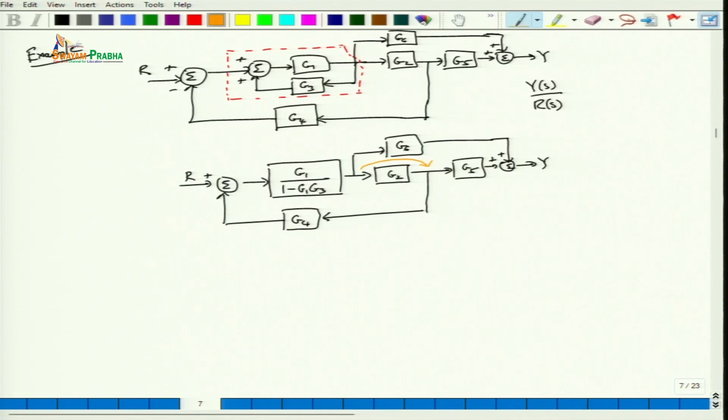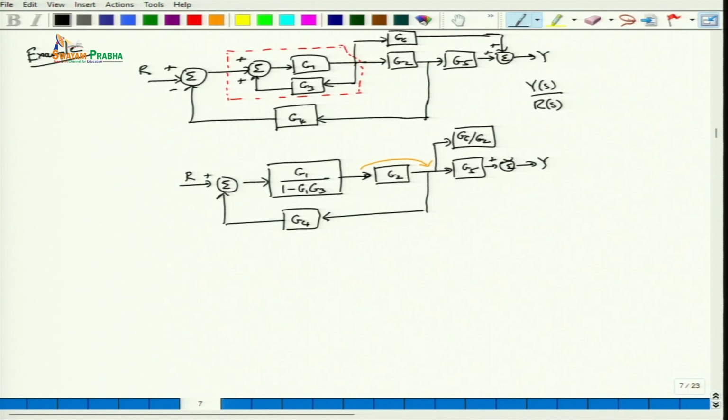And when we do that, we can erase this particular path here to get G6 by G2.